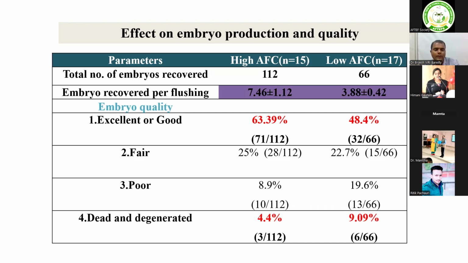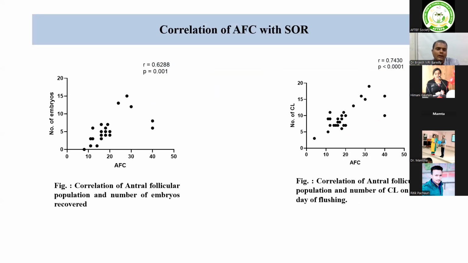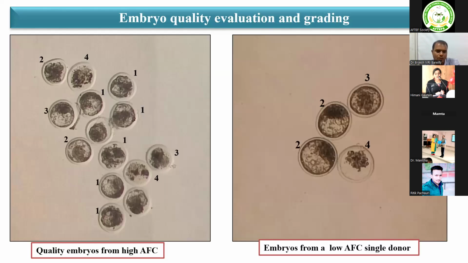Dead and degenerated embryos are also very few in animals with high AFC. We found a very positive correlation of antral follicle count with the number of embryos and number of CL, corpus luteum.